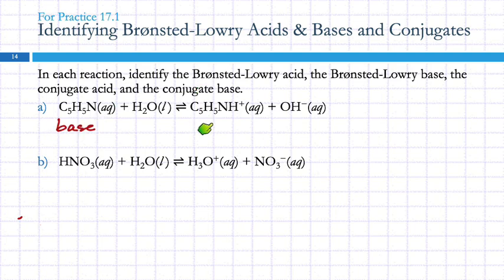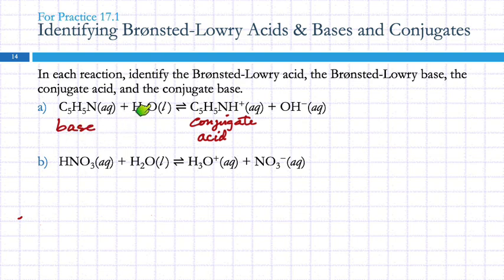Well, after it accepts the proton, what does it become? The conjugate acid. Because now it has a baby that it could hand off to somebody else. The babysitter could get a babysitter. That's kind of frowned upon by parents, but as long as the kid's okay.